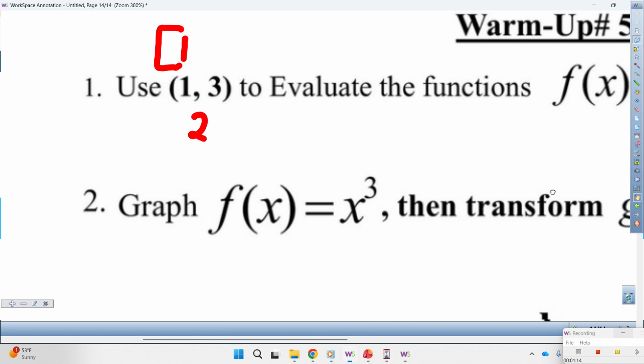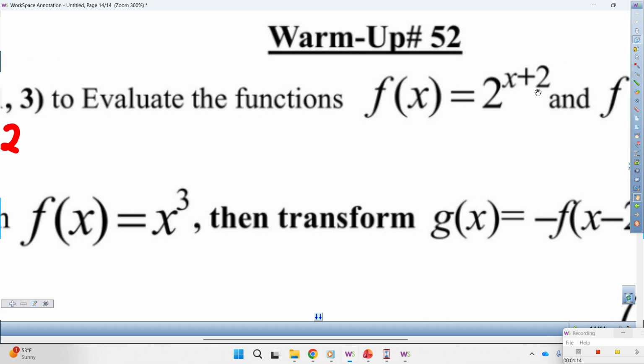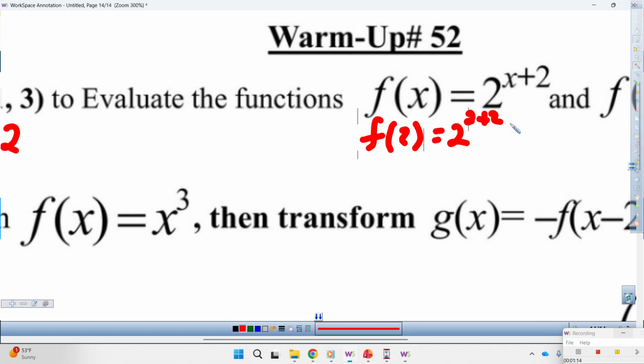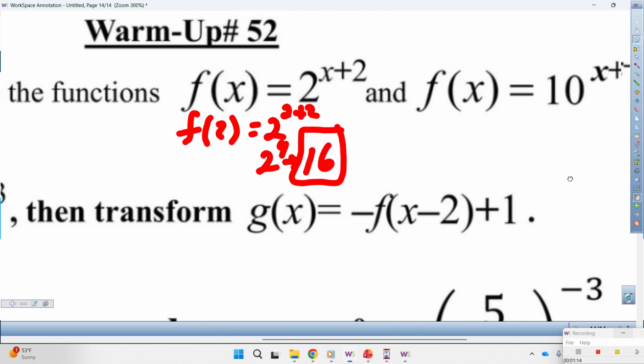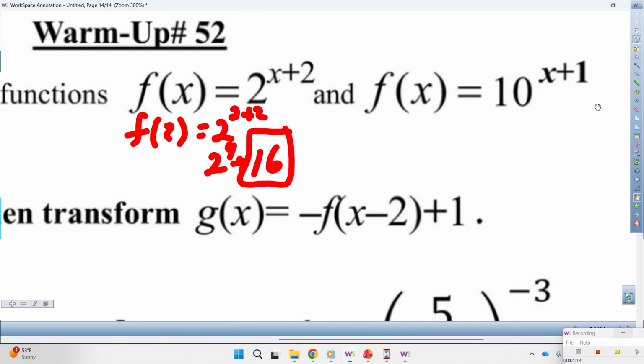So with that said, to evaluate 2 in here, basically I'll just take f of 2 equals 2 to the power, because instead of x, I wrote 2. So that is 2 to the 4th power, which is 2 times 2 times 2 times 2, which is 16. Let's do that now for f of x base 10.